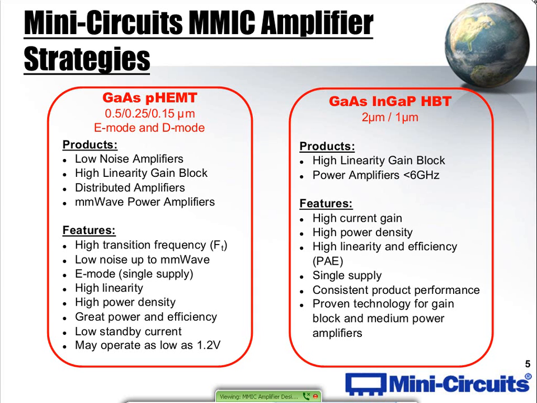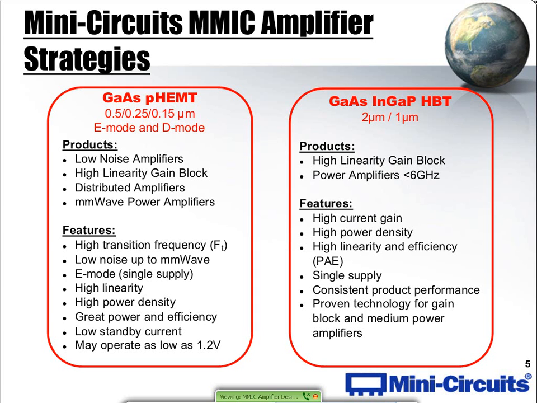Each one of them has its own benefits, its advantages, and somewhat its disadvantages. The pHEMT design structure can give us clearly the best noise figure that's out there in the industry. This is where we're currently achieving 0.18 dB Fmins. We are migrating the majority of our designs from depletion mode over to enhancement mode, and this gives us the ability to offer single voltage solutions to our customers.